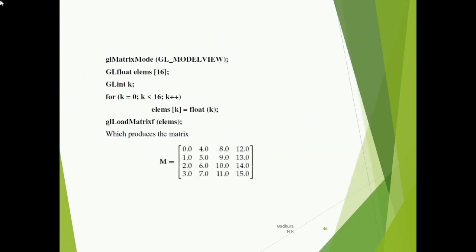So let us see one code here. Suppose you're working with raster systems, normally initially you will be having world coordinates. All your object values will be stored in the form of world coordinates. World coordinates will be converted to object coordinates, and then object coordinates are converted to camera coordinates.